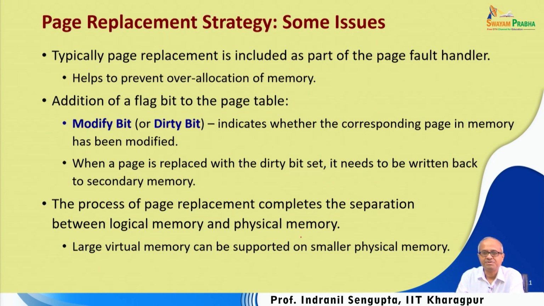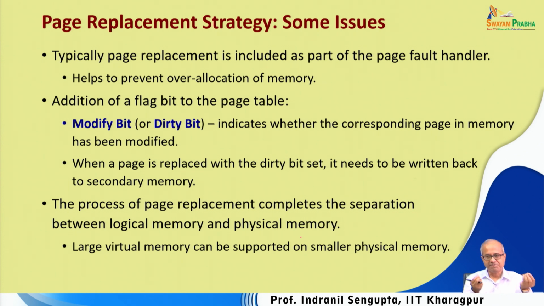So, some of the issues regarding page replacement strategy again. Let us talk about this. Now, as I discussed earlier, whenever there is a page fault, there is a trap or an exception to the operating system. The operating system will be handling the page fault. So, whatever needs to be done. Now, as part of this, page replacement may also need to be done. You have to find a free page frame in memory.